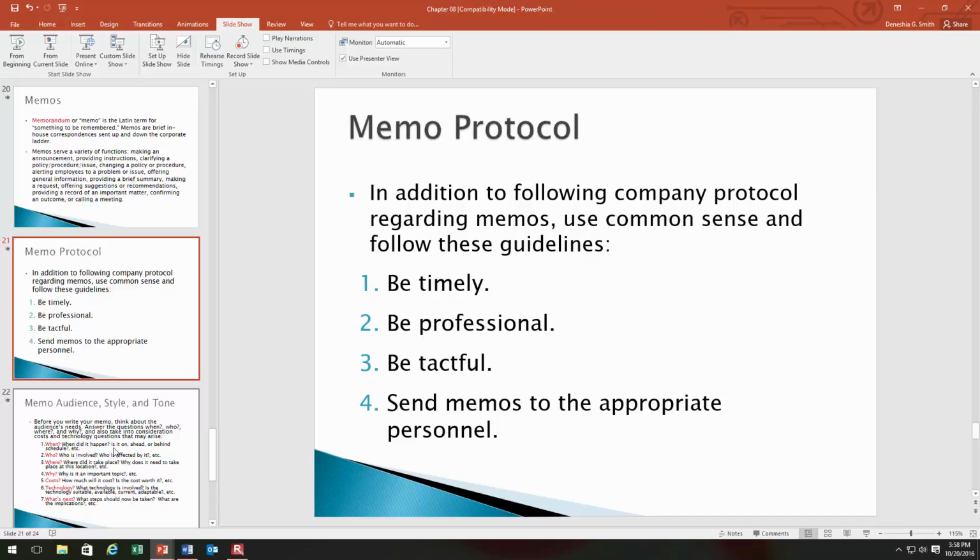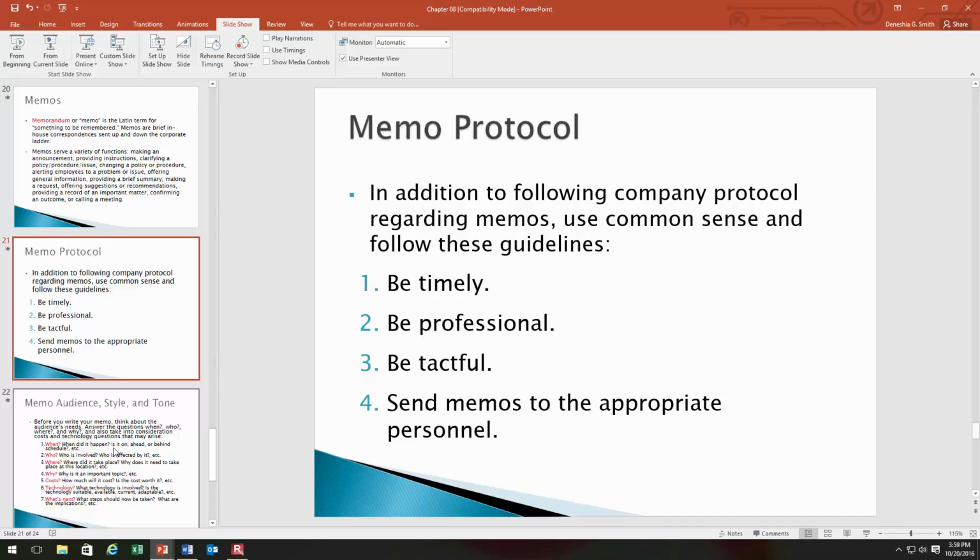So when I say be timely, what we mean is this. You want to give your audience enough time to be able to respond and take the appropriate action. And so if, let's say, you're having to schedule a meeting, you don't want to send a memo out to let people know about the meeting on the day of the meeting, right? Because that's not going to be a lot of time for them to prepare.